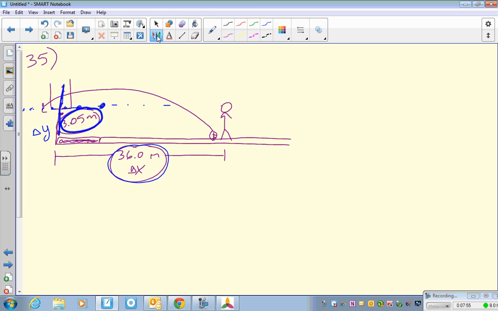One way is if you know that at the tallest point, so in other words, treat the tallest point as your final position, that means that v final in the y direction is 0. If you figure out how far it went for that v final, in other words, this is no longer your delta x, we want to know, does it reach its highest point here, here, here, here, here?